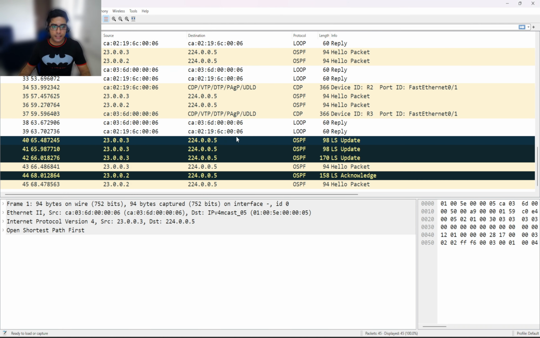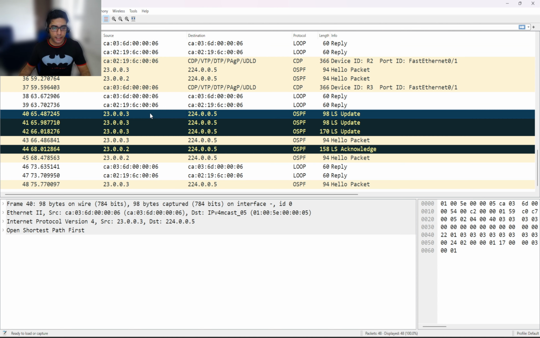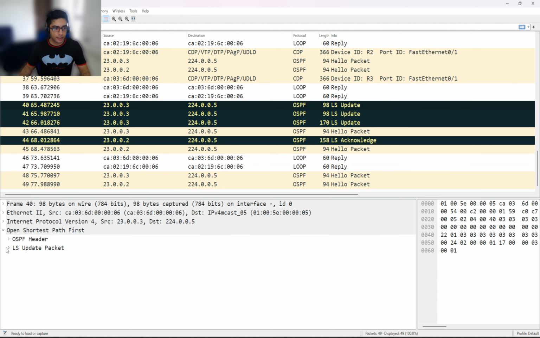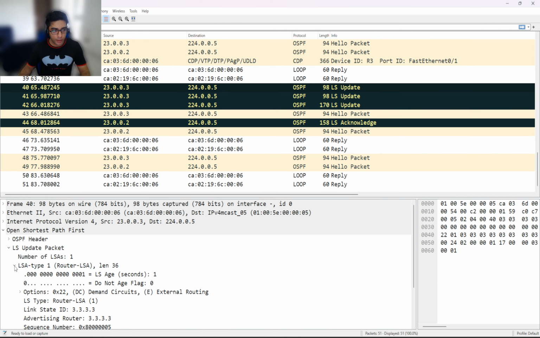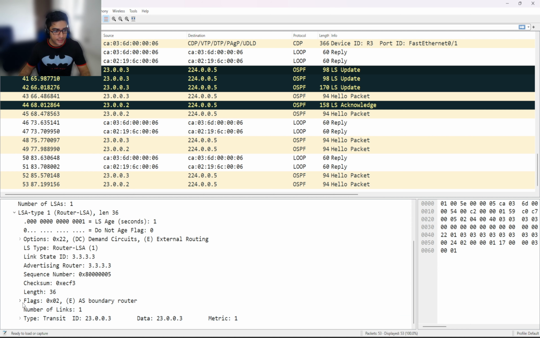Now we can see that R3 generated an LS update, a link state update, right? So let's open that. And we can see that it has generated a type 1 LSA, and in that type 1 LSA, what is it saying?